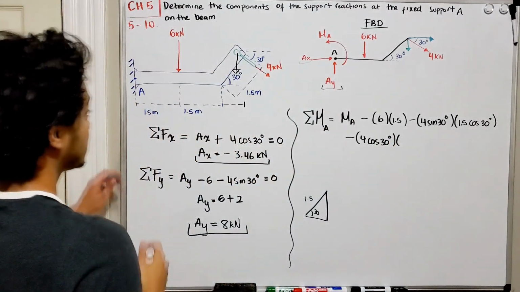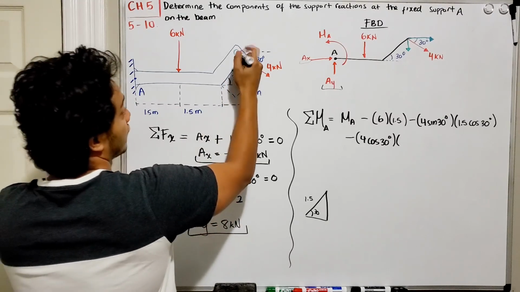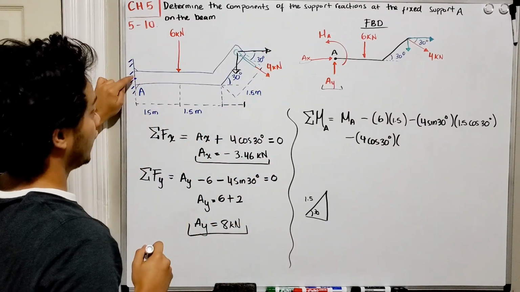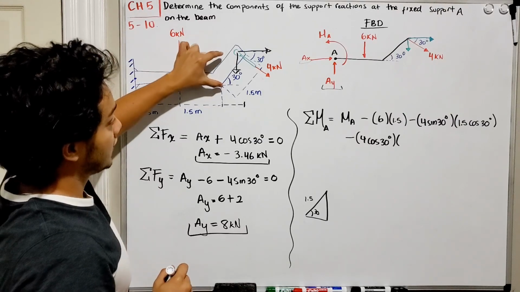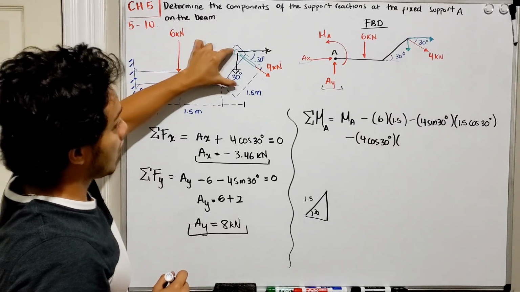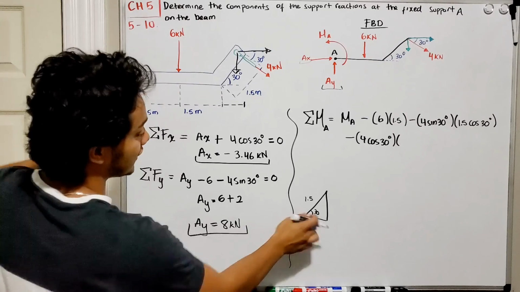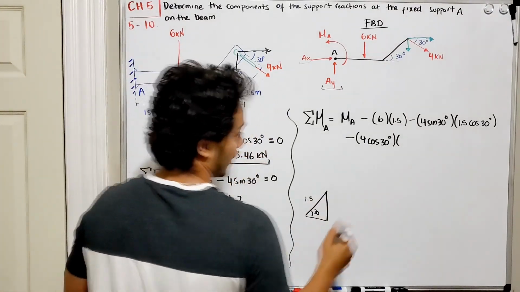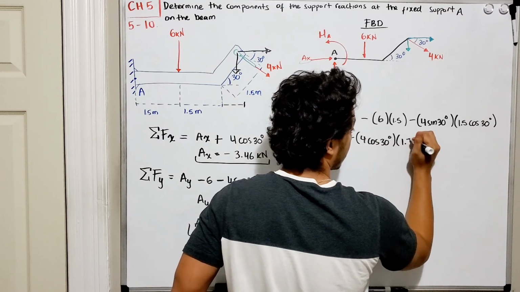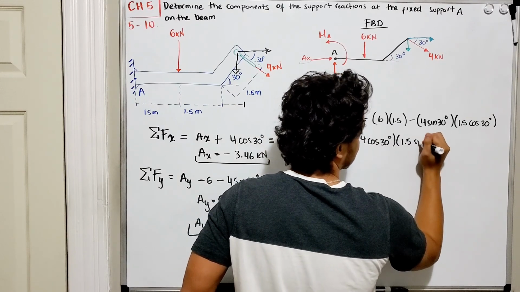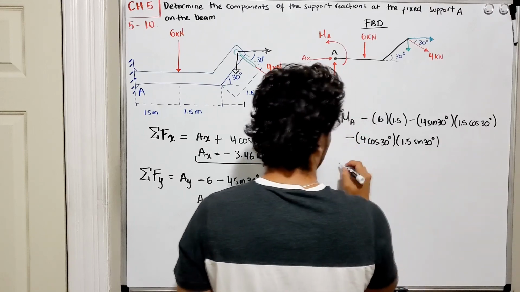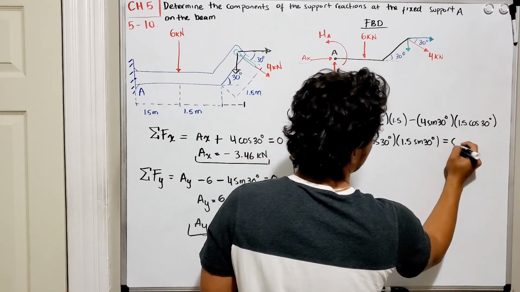What is the distance between the force that it's applying in this direction and point A? Well, the distance is this y component of this triangle. So it's going to be 1.5 multiplied by the sine of 30 degrees. Okay? And all this should be equal to 0.